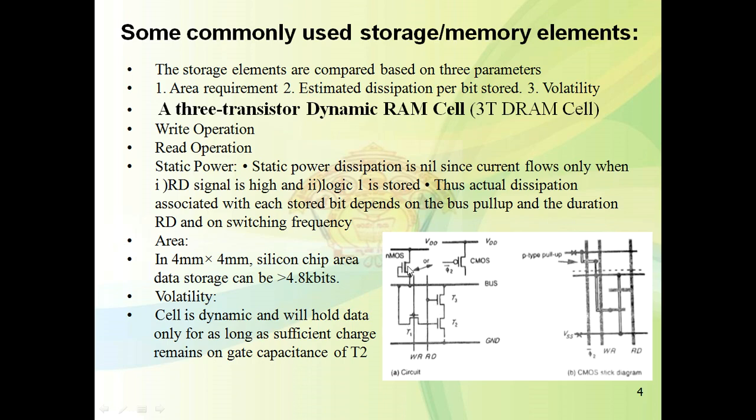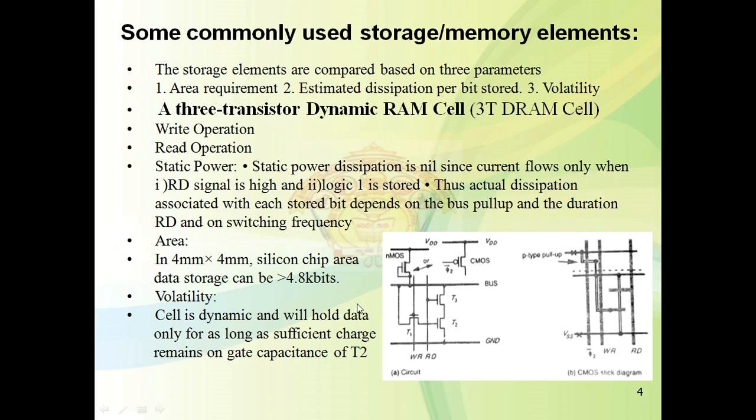These 4 transistors are used in the dynamic memory cell, where this one is actually the active load, or the resistance part. Hence 3 transistors, T1, T2 and T3, take part in the storage element, and hence it is called a 3 transistor dynamic cell. In case of CMOS, we can use the same structure. Instead of the depletion type transistor, we are going to use a P type transistor.